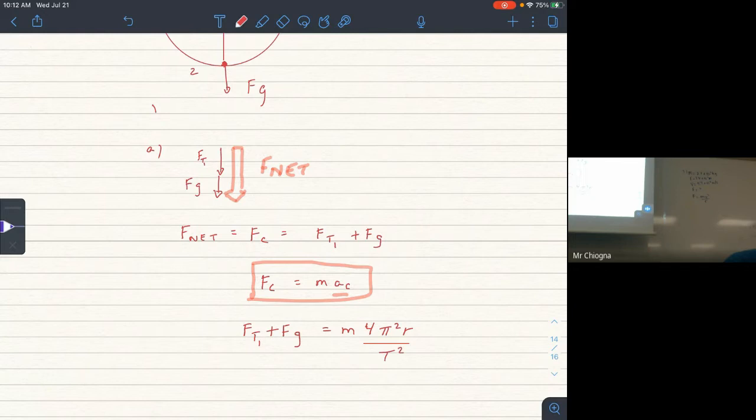That's the alternative. Why did I decide to use this? Because if you look at the question, it says the time of one revolution.